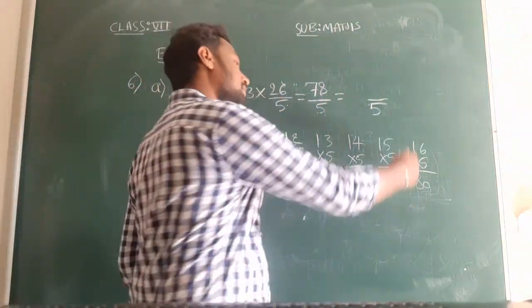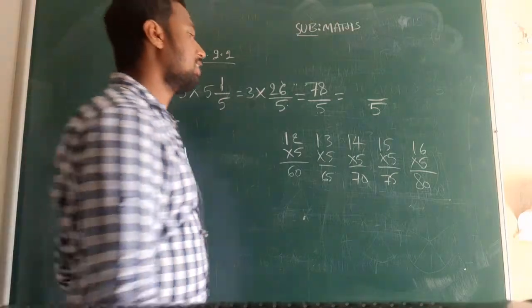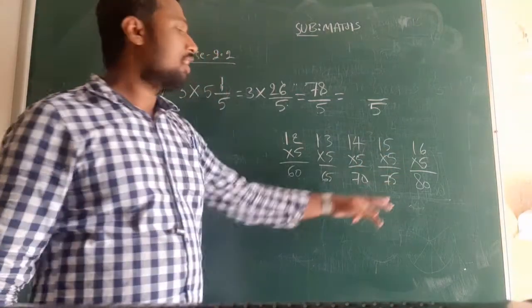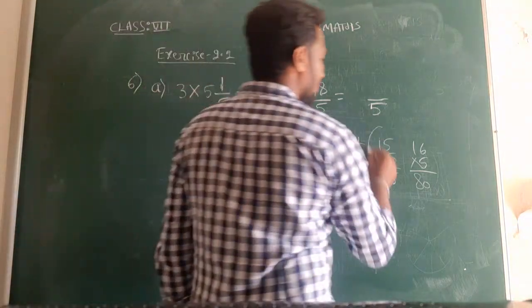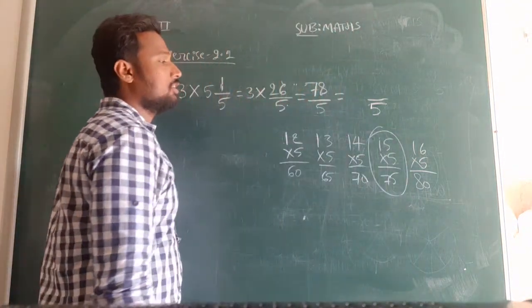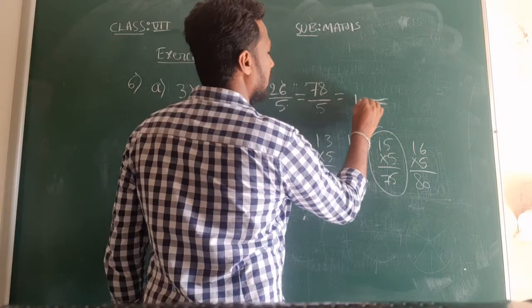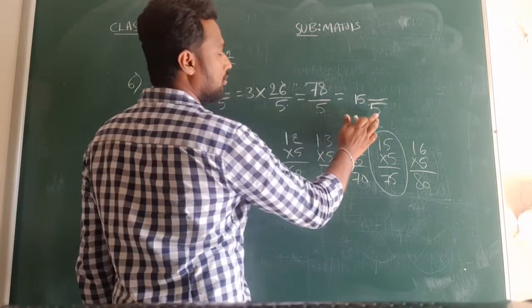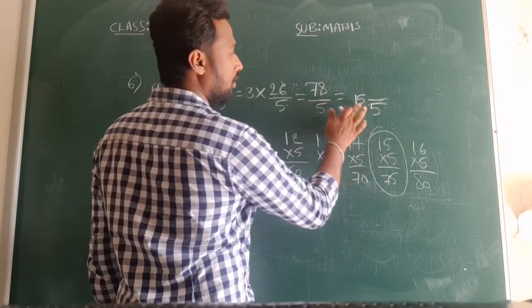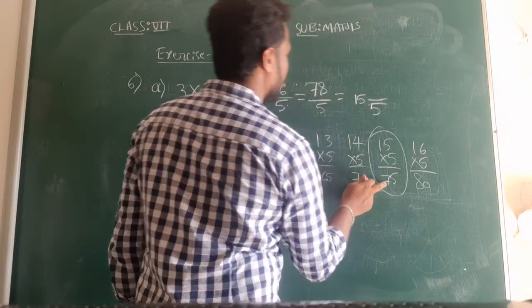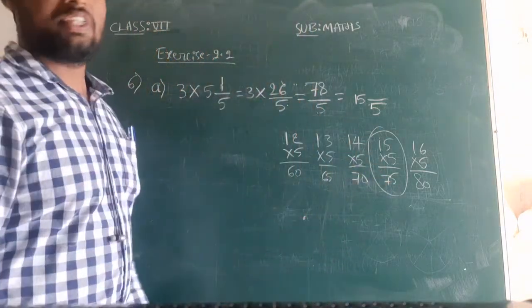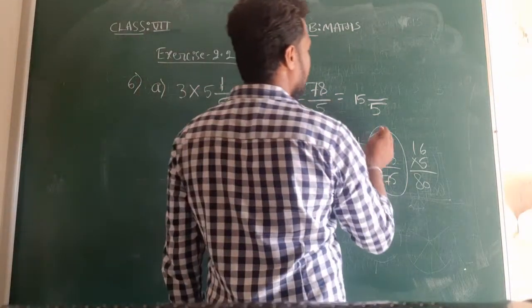So we cannot consider 16 into 5, but 15 into 5 is what we got, that is 75, which is very near to 78. So here I will write the whole number 15, because 15 into 5 means 75. This 75 is 3 less than 78.